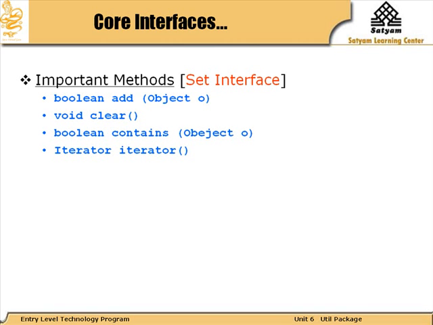Iterator returns the iterator object associated with this set. An iterator object generates a series of objects one at a time. In addition, it also provides methods to remove objects. Remove removes the object specified. Returns false if the object specified was not present as a part of the set.